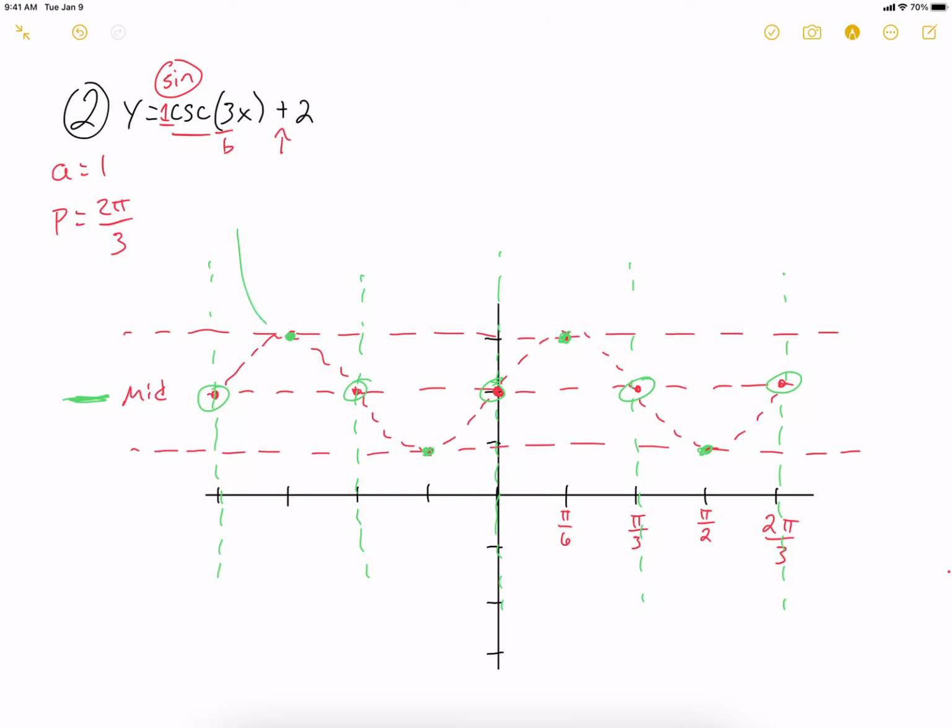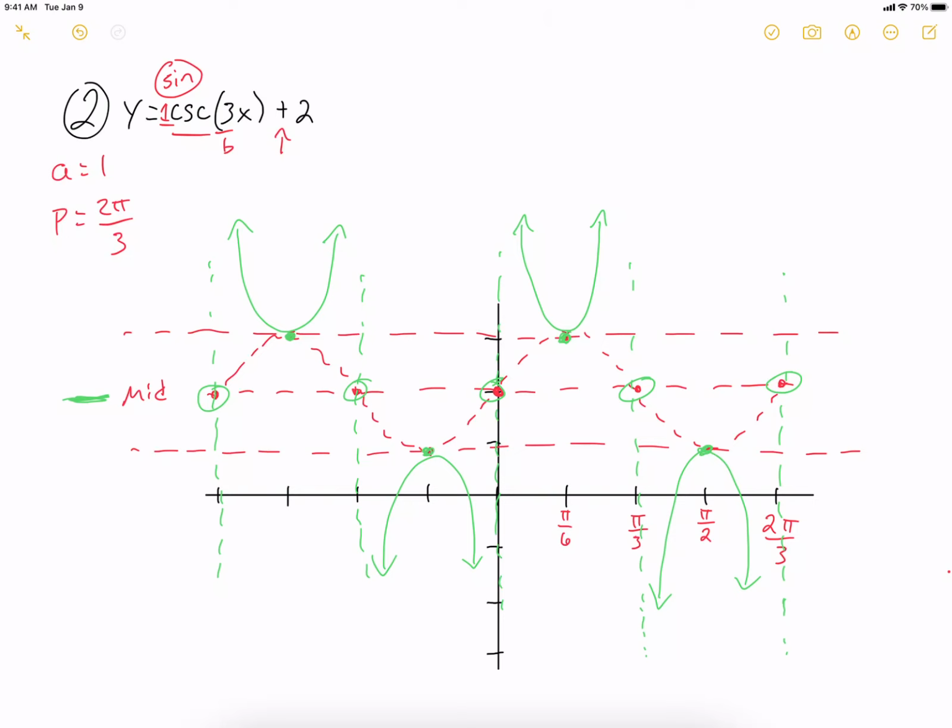And then I'm going to draw my U-shaped or N-shaped graph that goes through that maximum or minimum, understanding that these arrows I'm drawing at the end are never going to cross these vertical asymptotes. They're always going to stay in between these vertical asymptotes. And so that is our cosecant function.